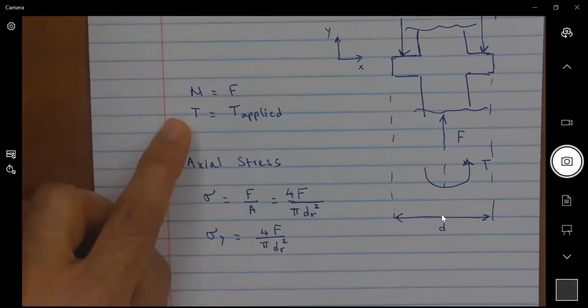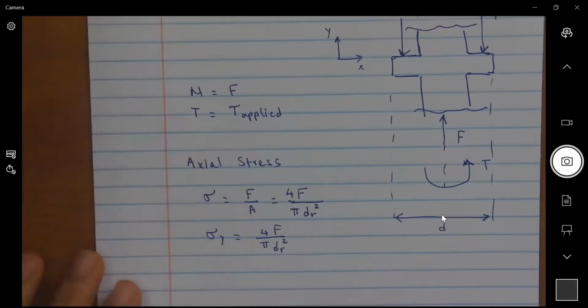As a result of the torque, I am also going to get torsional shear stresses.